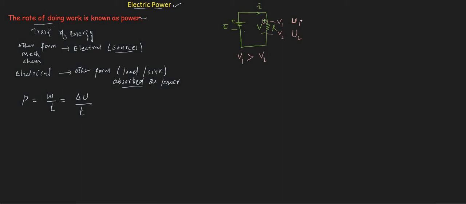The electrical potential energy equals the charge passing through the resistor multiplied by the electrical potential at that point, so Q times V1 and Q times V2. Since V1 is greater than V2, the electrical potential energy U1 will also be greater than U2.